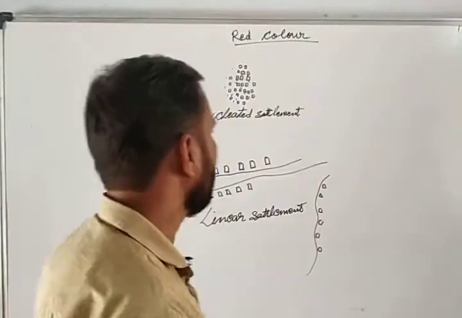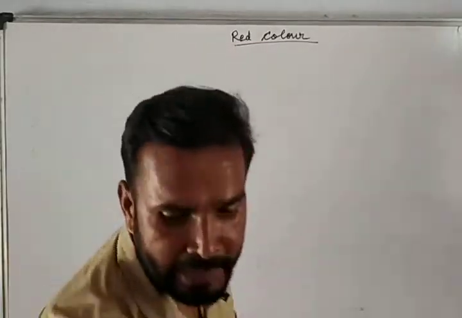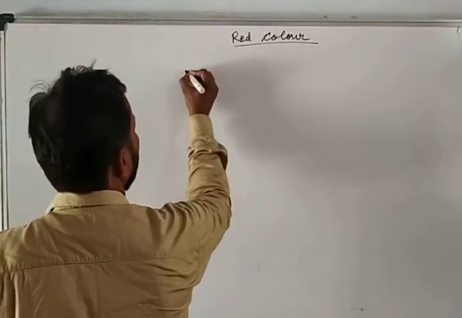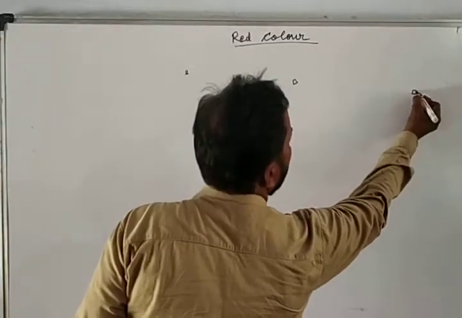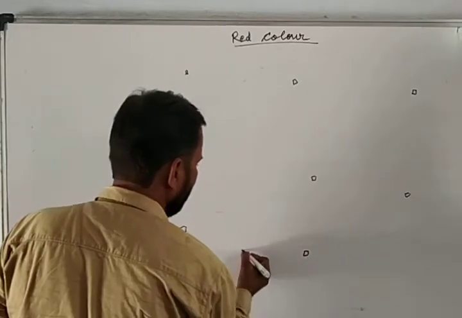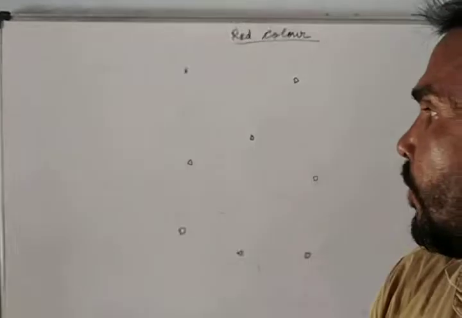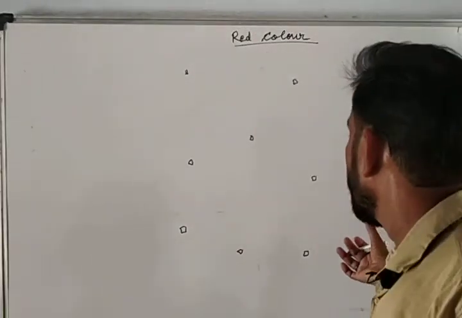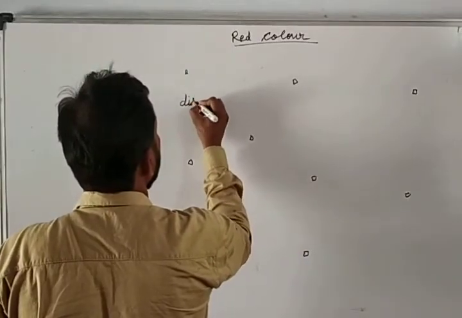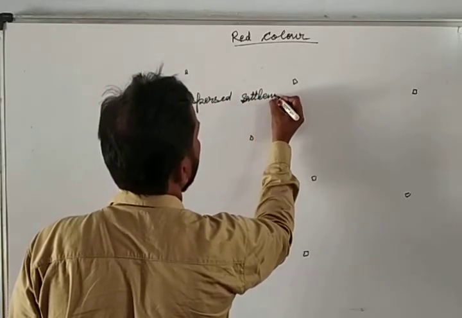Now for the third one, if these permanent huts are not given at one place and are sparsely shown in the map, dispersed everywhere, means one house is here, another house is here, another one is here, with no concentration, spread everywhere in the sheet, then such type of settlement is known as dispersed settlement.